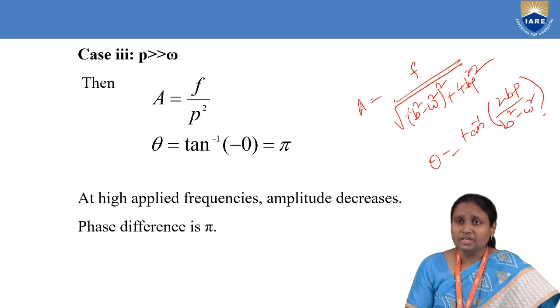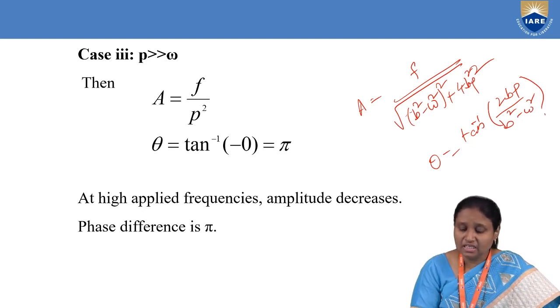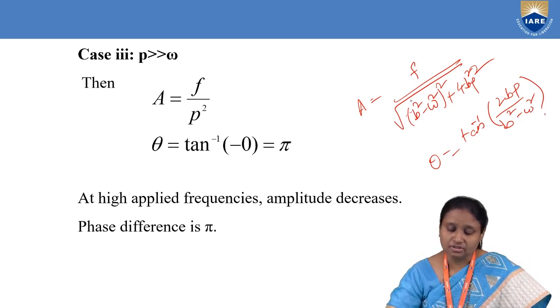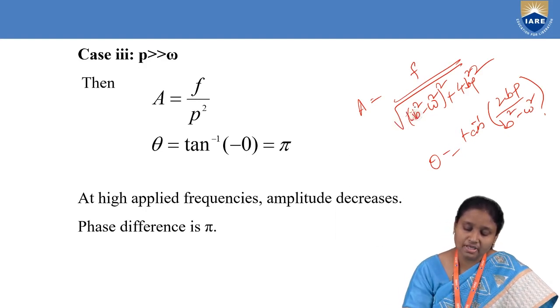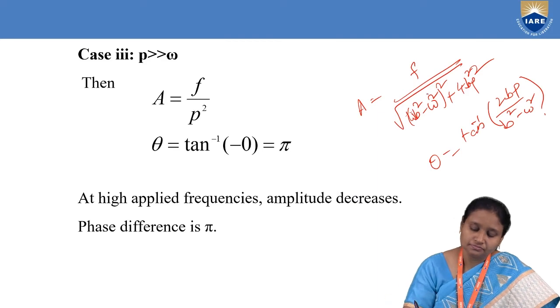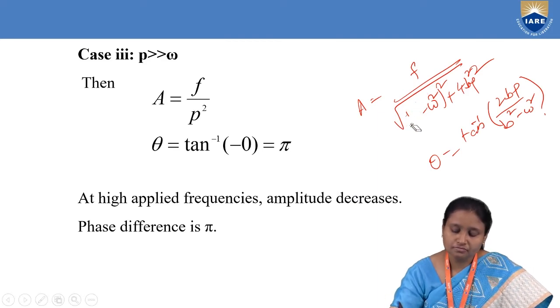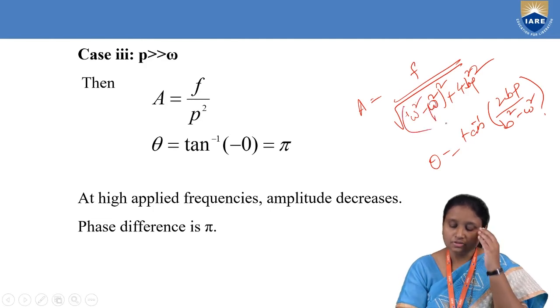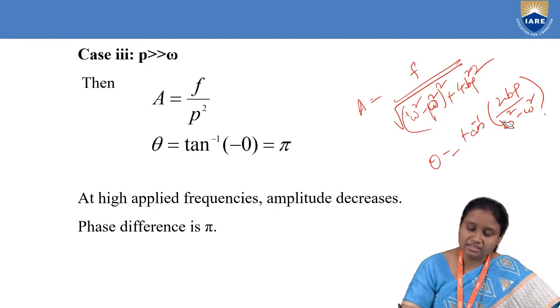So here we are saying that our p is very much large. Sorry, this is omega square minus p square. So in this case also omega square minus p square.